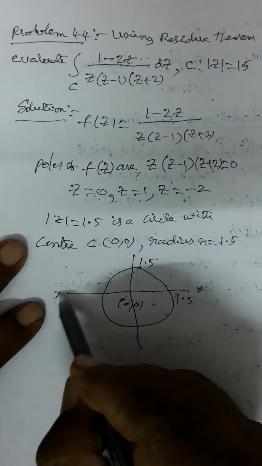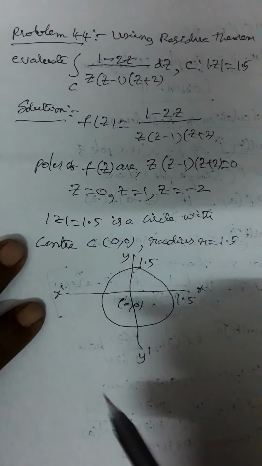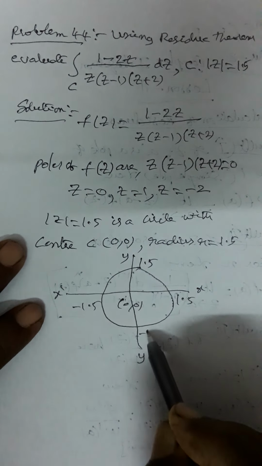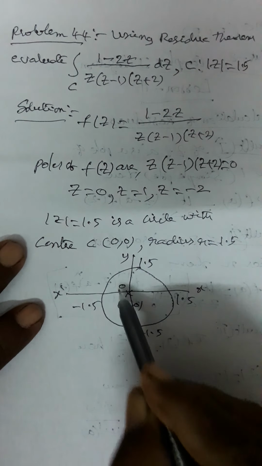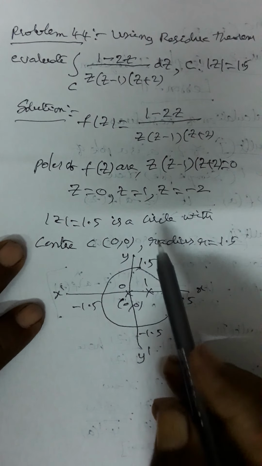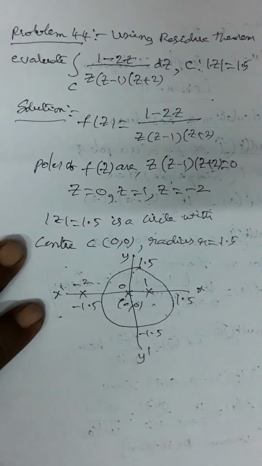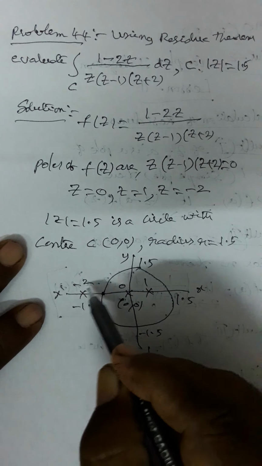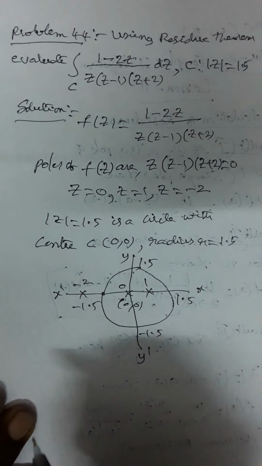This is x, x dash, y, y dash. So this is 1.5, this is minus 1.5. 0 lies inside the circle. 1 lies inside the circle. Minus 2 lies outside the circle. Up to this only, minus 1.5. So minus 2 lies outside the circle. So you write sentences.